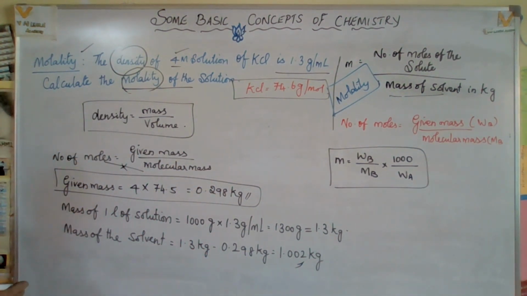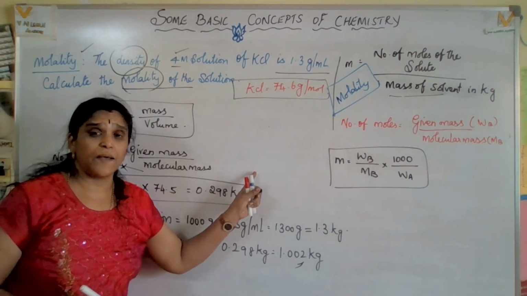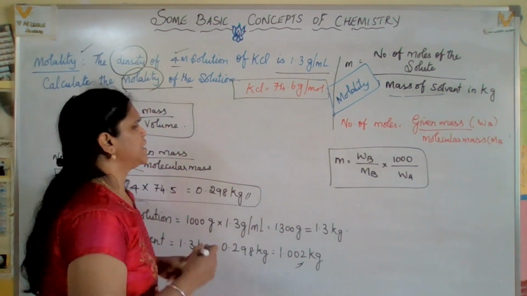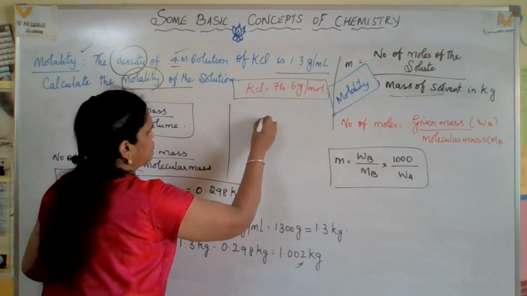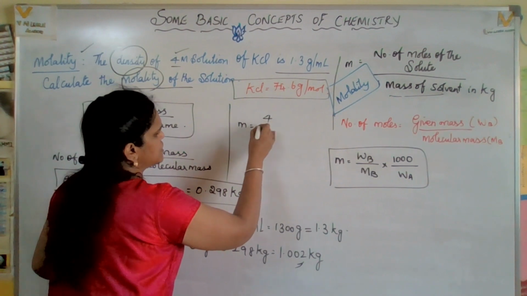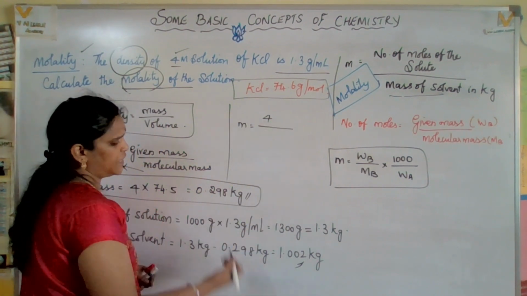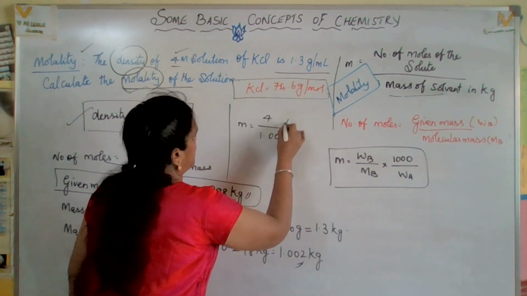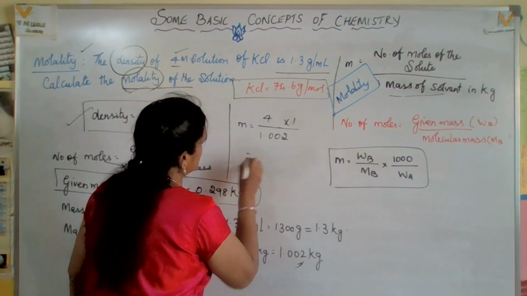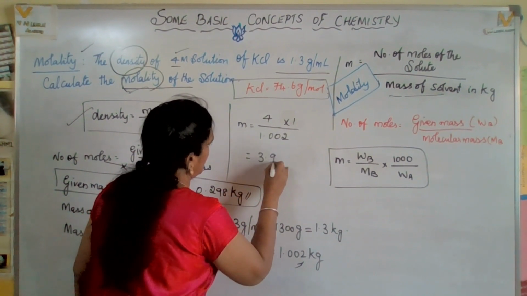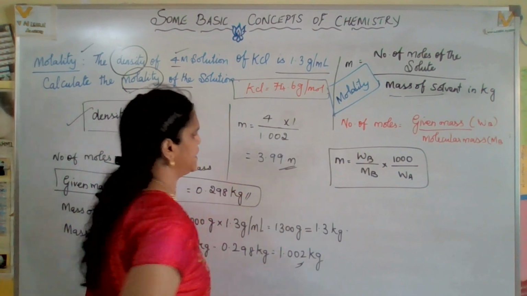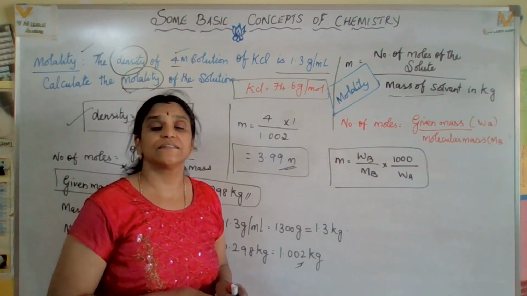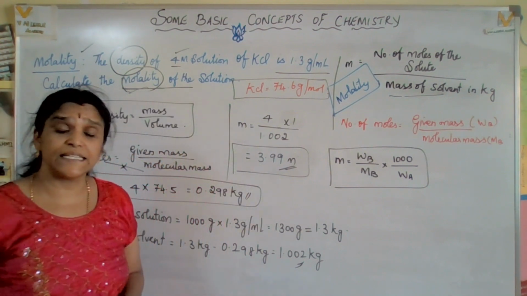Now you can apply the value here: number of moles by mass of solvent in kg. The number of moles is 4, and the mass of the solvent in kg is 1.002, approximately 1 kg. So what is the answer? You will get 3.99 molality. I hope you got a clear idea about how to find this sum, because the density was provided.